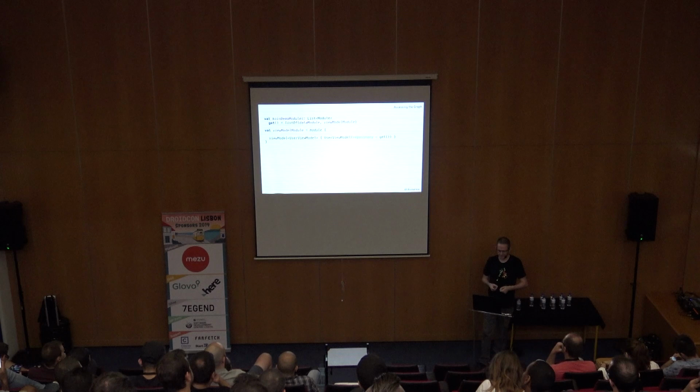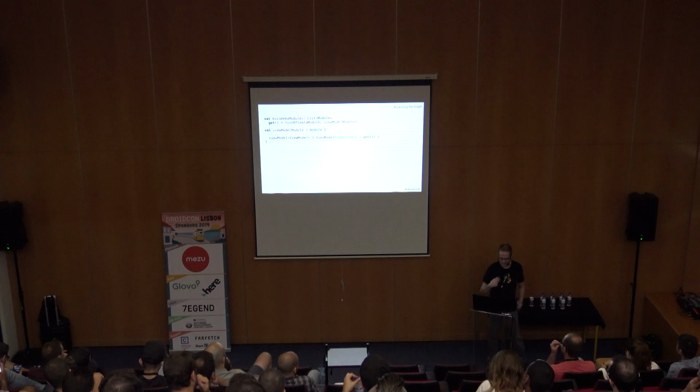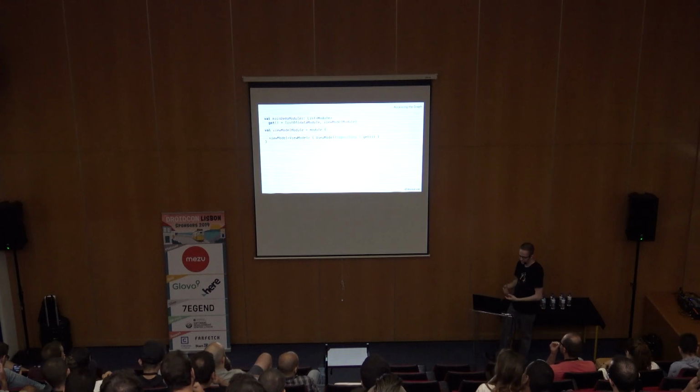It's not a singleton and it's not a factory. It's scoped to the lifecycle of the screen that's requesting it. And now we can add this module to our list of modules.